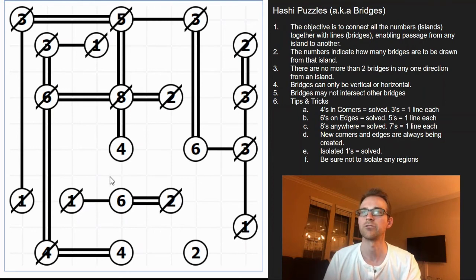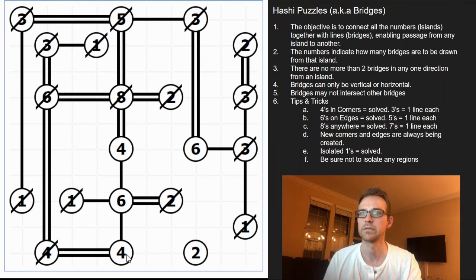So we can't draw 3 lines in one direction. So one's going to have to go up and down. We have to connect this 2. And I think we can do it by going in either direction. So that doesn't solve it. This 4 can connect in either direction.